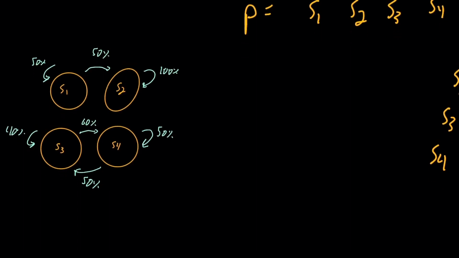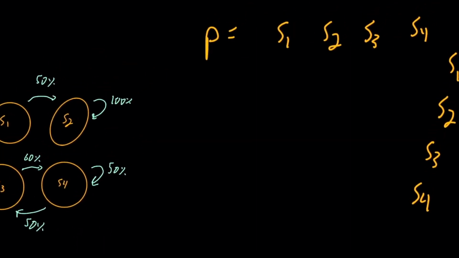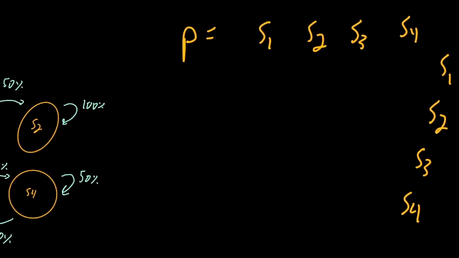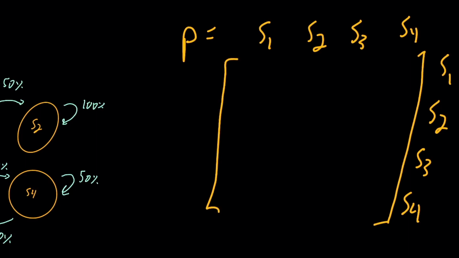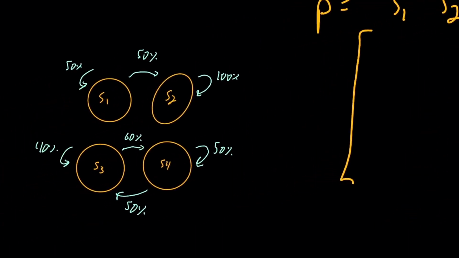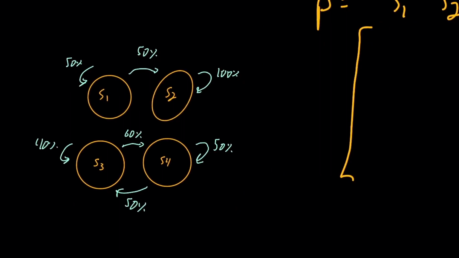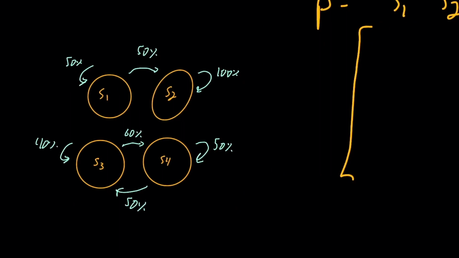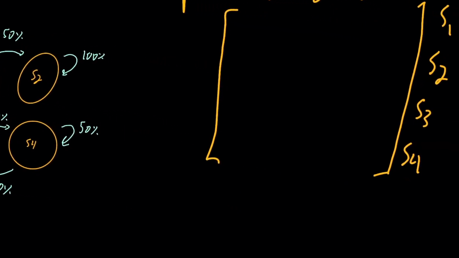Okay. So let's see here. From S1 to S1, we have 50%, and from S1 to S2, we also have 50%. So we have 0.5 and 0.5.